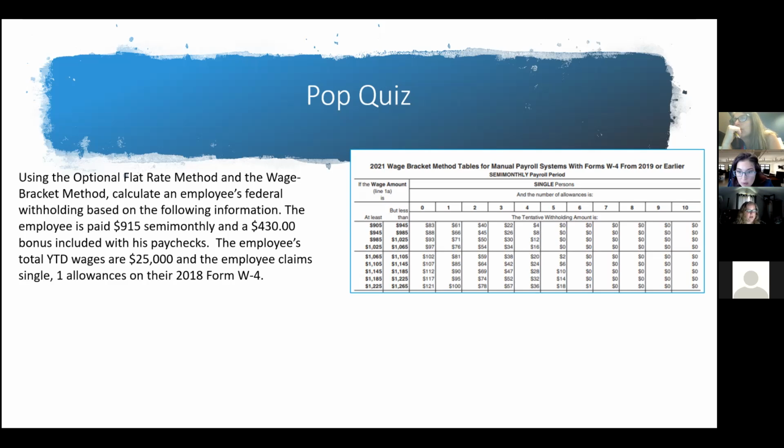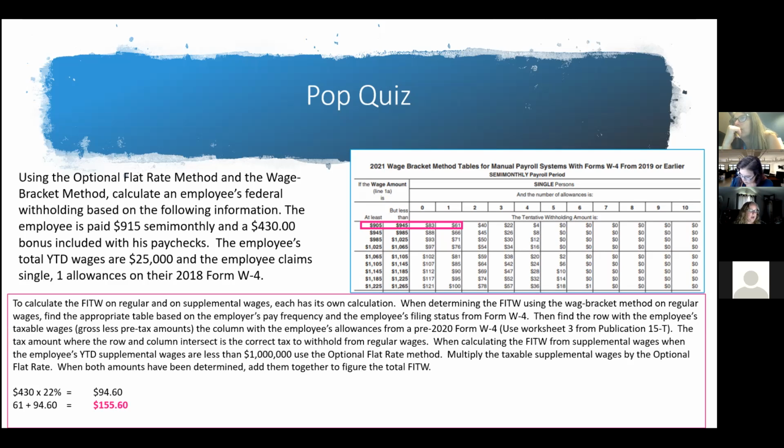So if we look at his $915 that he regularly makes, we can see that he would normally have $61 withheld because he's claiming one allowance. And then we would take his bonus and multiply it by the 22%, because again, we're using the optional flat rate method and the wage bracket method.